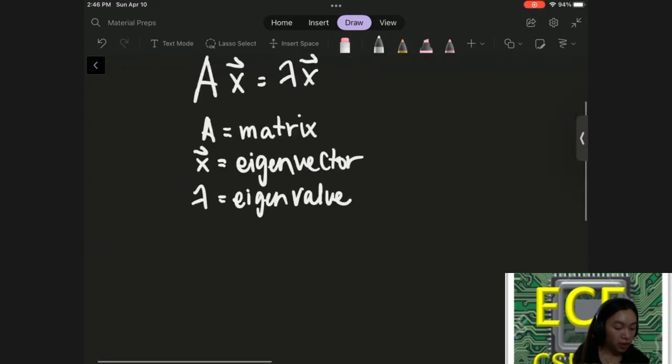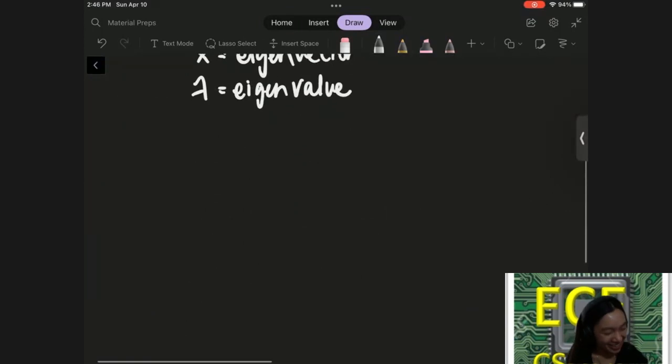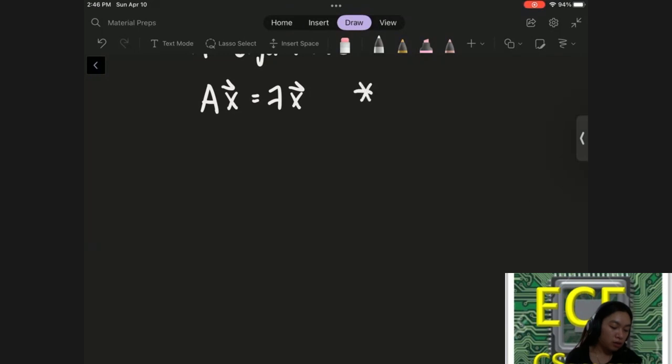In order to find the eigenvalue, I'm going to walk through the proof with you guys. Let's write down the equation I just wrote: A times the eigenvector x equals the eigenvalue times x. Our goal here is to find lambda, which is our eigenvalue.